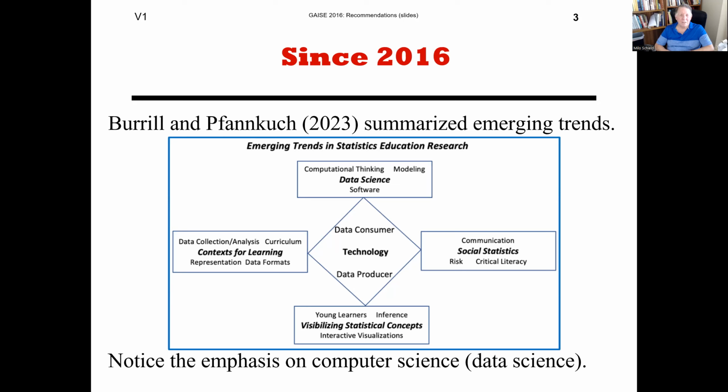Computational thinking at the top, data analysis on the left, visualizing concepts on the bottom, and communication on the right, with technology, data consumer, and data producer in the center. And you say, whoa, this wasn't even mentioned in 2016. We're supposed to put all that on top of what we're doing?